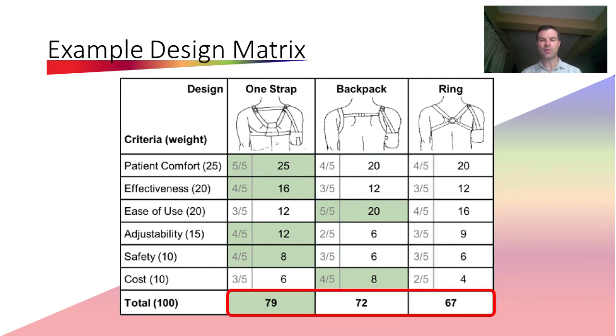And the design option with the highest final total score out of 100 is the design option that the team will pursue for their project. In this case, the design team have decided through the use of the design matrix that the one strap solution option will be the solution option with the highest likelihood of success.